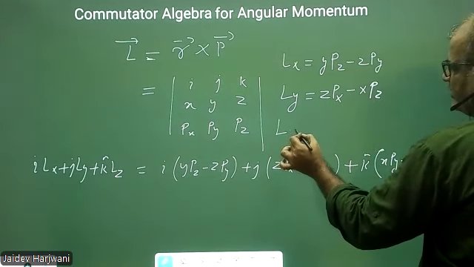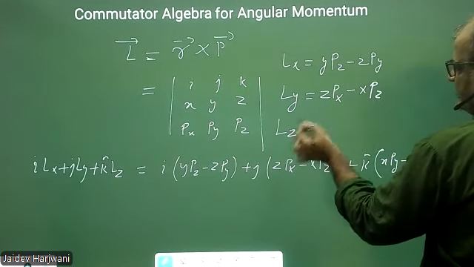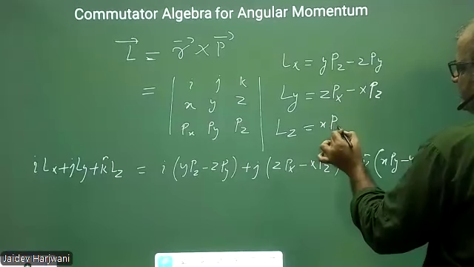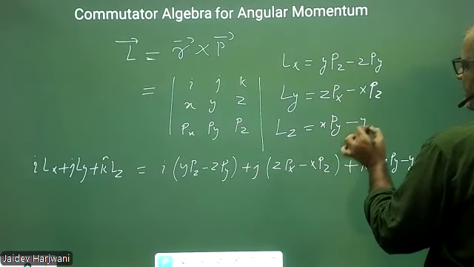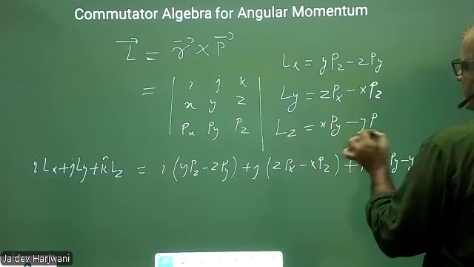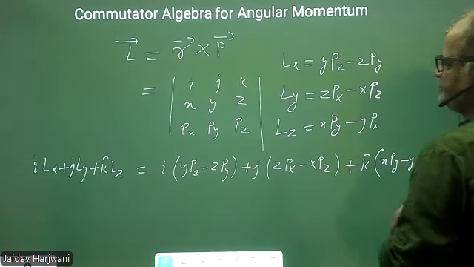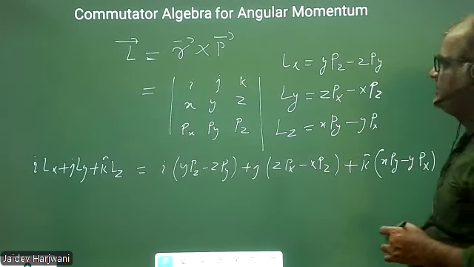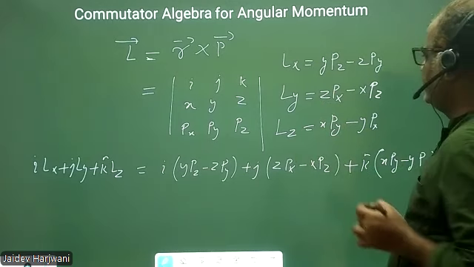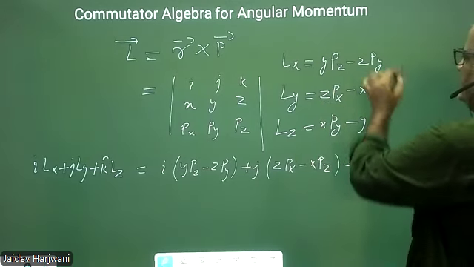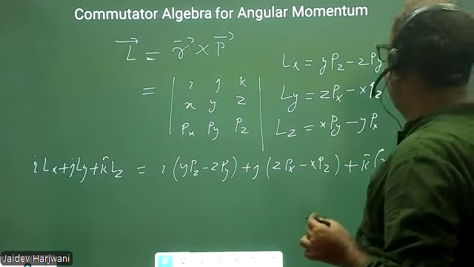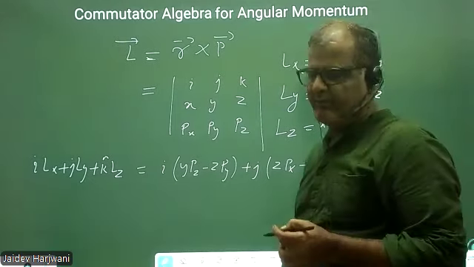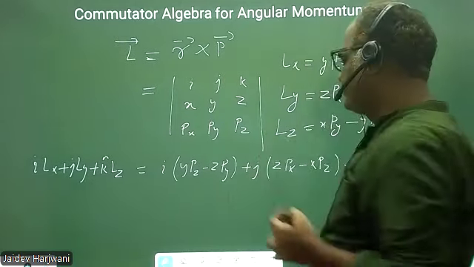And similarly, for Lz, after z, x should come, after x, y should come, and then you have y px. So this is the Lx, Ly, Lz components in terms of the linear momentum components and x, y, z.